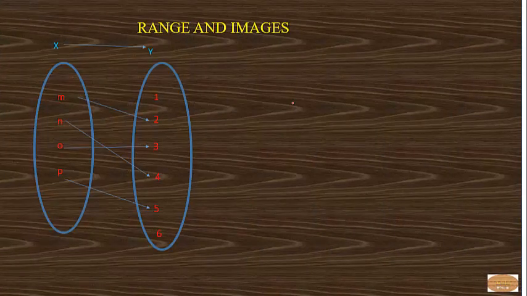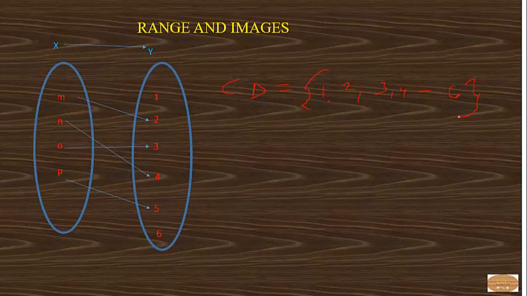Now let's talk about the range and then the images. To find the range, always move to the codomain, because the range is a subset of the codomain. Now let's check these elements here.